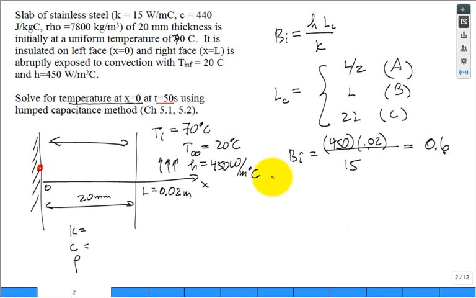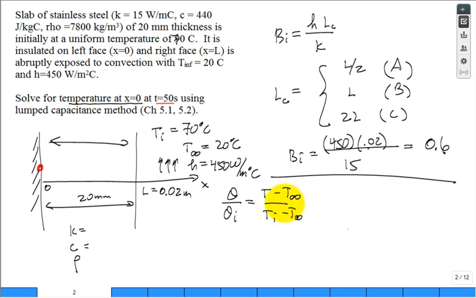We know it's not justified, so it's going to have some greater error. So how do I find that temperature? Isn't it that theta, the temperature difference divided by the initial temperature difference, or T minus T infinity divided by T initial minus T infinity, is equal to, and there's a couple ways the book writes this, the exponential of minus hAt divided by rho cV.